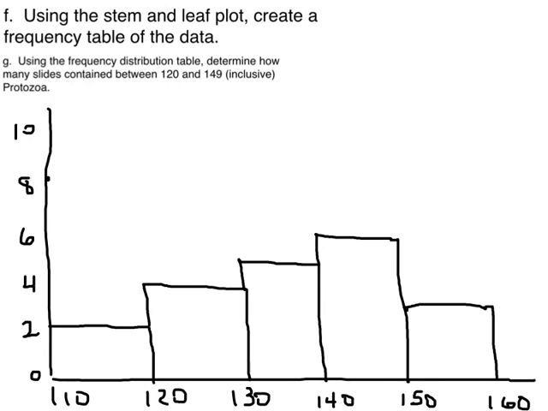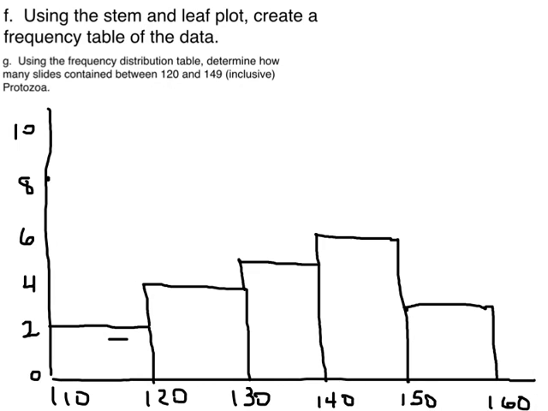So we can see that between the 110 and 120 range we have 2, between the 120 and 130 range we've got 4, 5 between 130 and 140, 6 between 140 and 150, and 3 between 150 and 160.